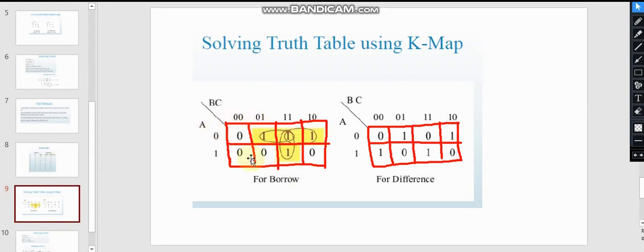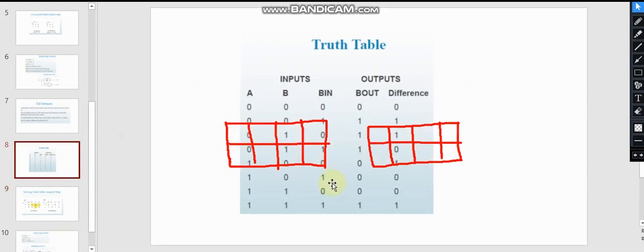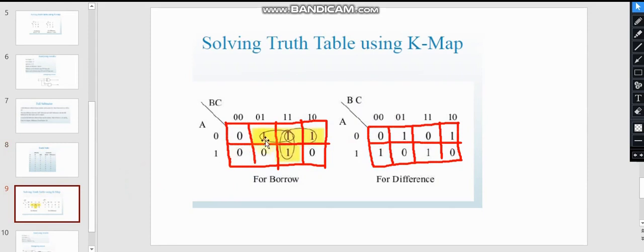In this situation, when A was 0, B was also 0 and B in was 1, in that case we had borrow 1. Or when A was 0, B was 1 and C, here C is equal to B in, so I can write C is equal to B in.